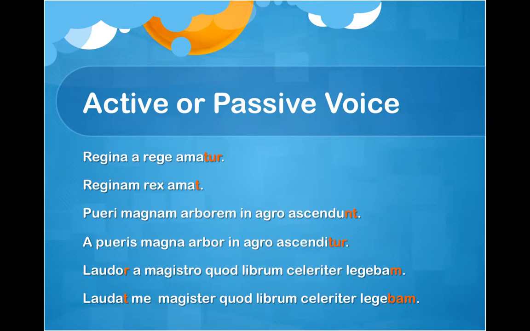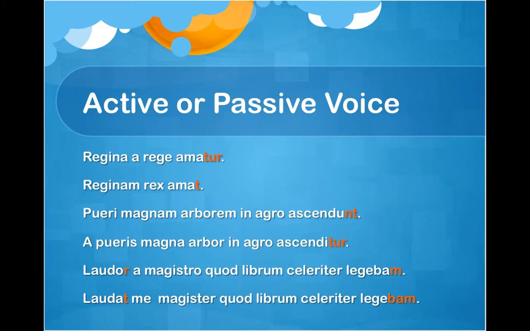And who is the he? The nominative case noun in the sentence, which is magister, the teacher. What did the teacher do? And that will make it active voice. The teacher, laudat, praises me because why? Legebam. I'm still the subject here, so what was I doing? Because I was reading a book quickly.